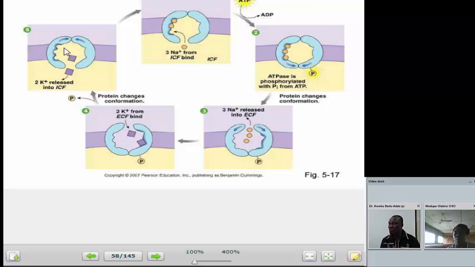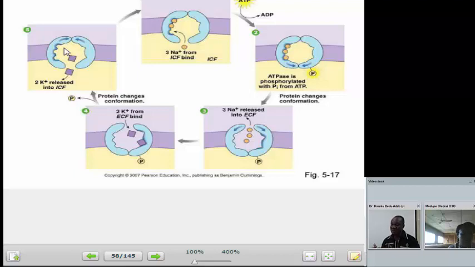Now, the sodium-potassium ATPase, which is commonly called the sodium-potassium pump, can exist in two conformations. In one conformation, it has a greater affinity for sodium ions. And in the other conformation, it has a greater affinity for potassium ions. Now, this is a very common transporter in animals.